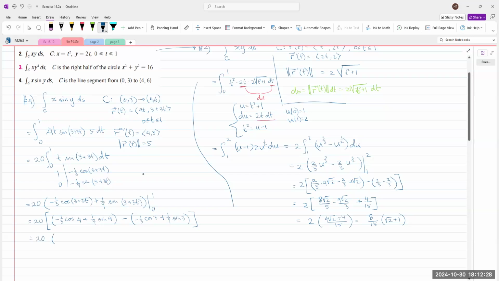So that's 1/3 cosine 3 minus cosine 4 plus 1/9 of sine 4 minus sine 3, like that. 20/3 of cosine 3 minus cosine 4 plus 20/9 sine 4 minus sine 3. That's too ugly though. Honestly, that's too ugly.